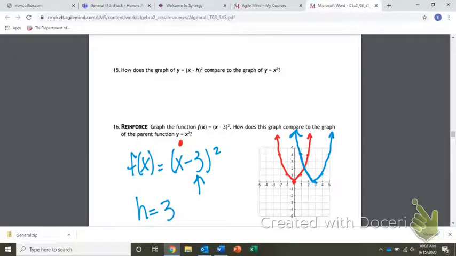Blue is my transformed graph. Remember, x minus 3 squared moves right. Okay?